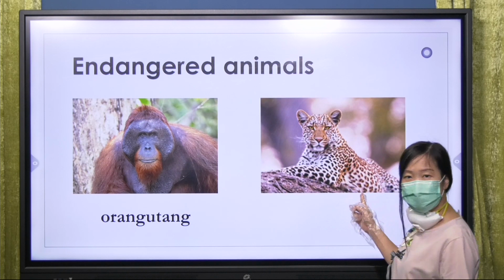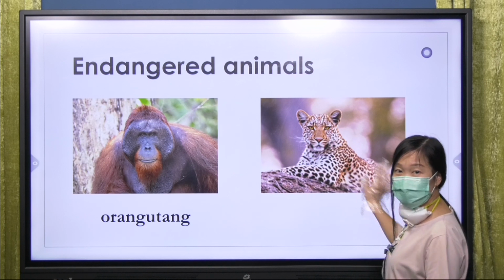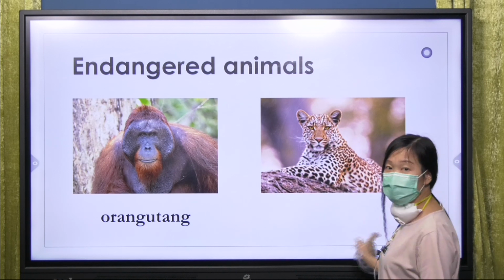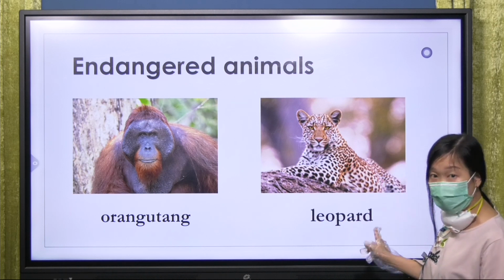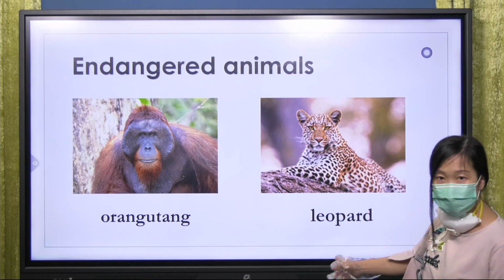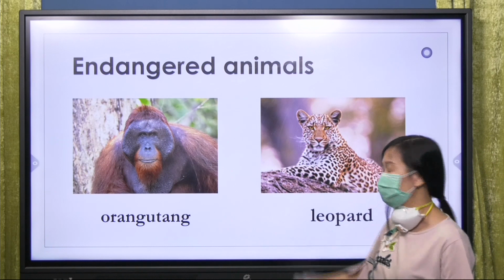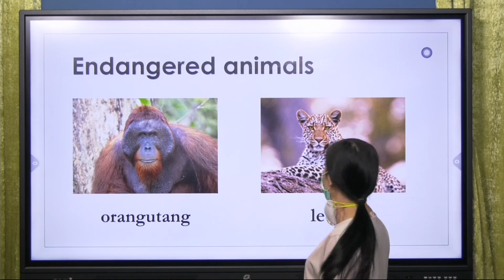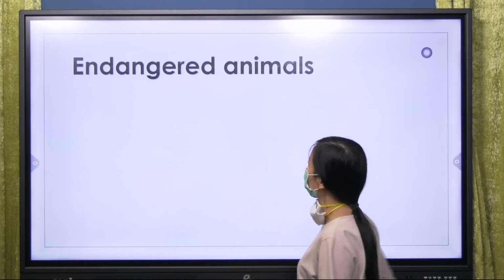And what is this? A tiger? No, it's not a tiger. Look at all the dots there. This is a leopard. Orangutan, leopard. Write it down quickly, or try to remember how to pronounce them. And this, some more.